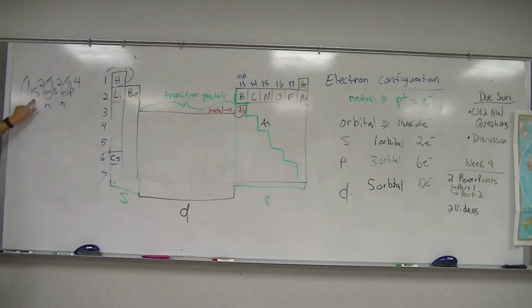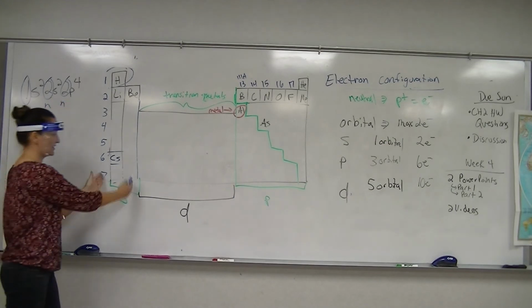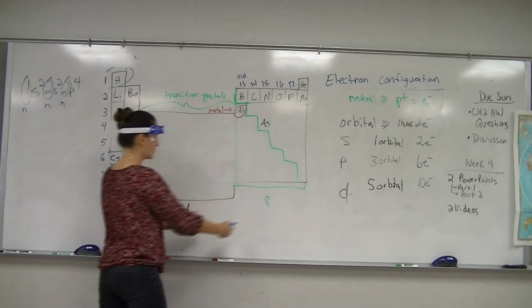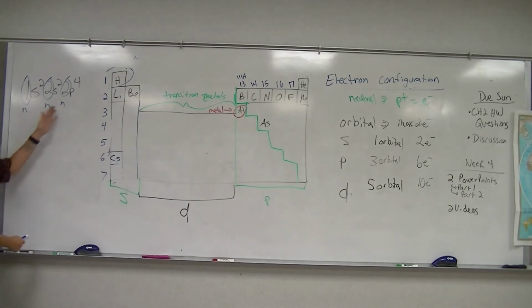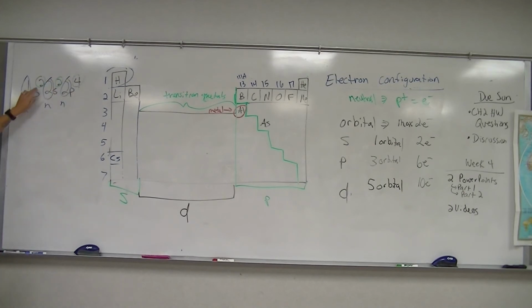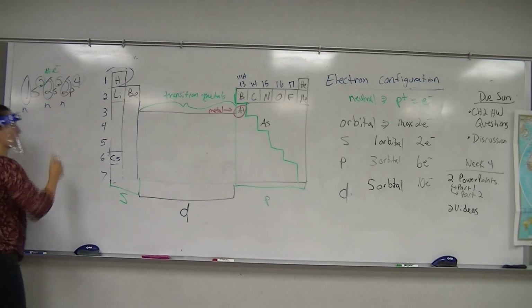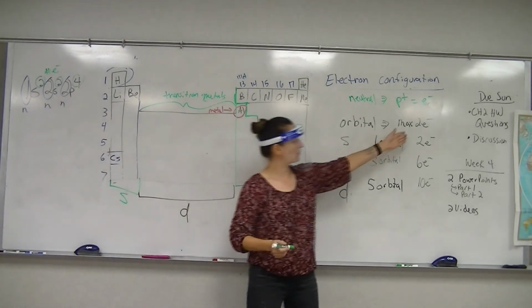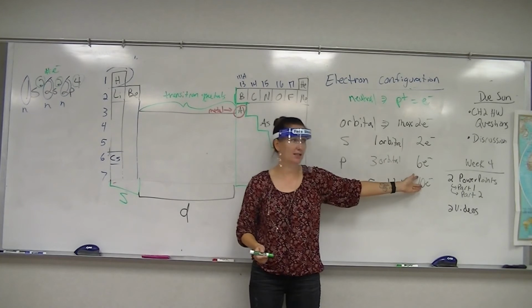The letters, those are our angular momentum quantum numbers, right? S's, P's. There's no D's in this example, but there can be. So the only number we haven't talked about then is this superscript here. These numbers, that's the number of electrons. That's why we needed to know the max electrons that can fit in each.